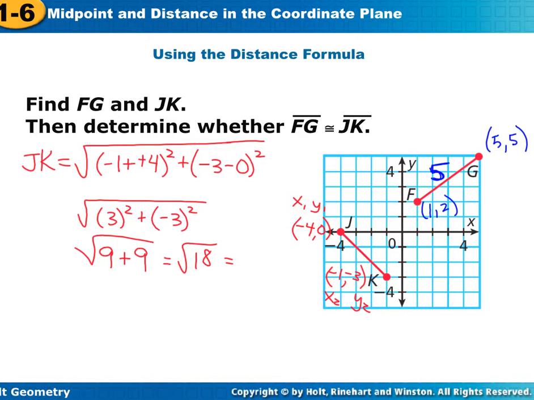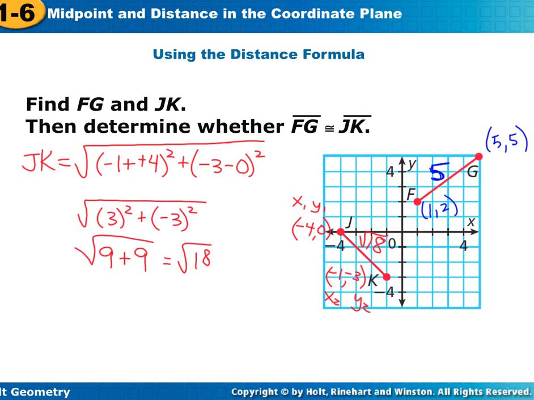A little bit bigger than 4. 4 times 4 is 16. It'd be a little bit bigger than that. I'm not really going to make you come up with the decimal. That one's not a perfect square. So for right now, I'm just going to say this is the square root of 18. We'll eventually get to reducing those.